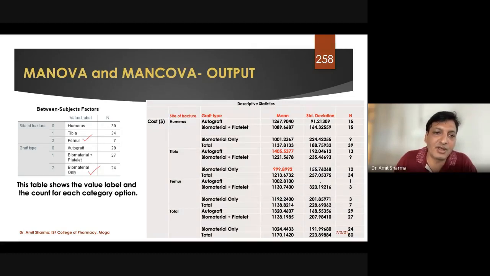So data of femur and data of biomaterial we are not going to get. Femur will be compared with tibia, and femur will be compared with the humerus. Biomaterial will be compared with biomaterial along with platelets, and biomaterial is compared with the autograft. Like this comparison we are going to get.